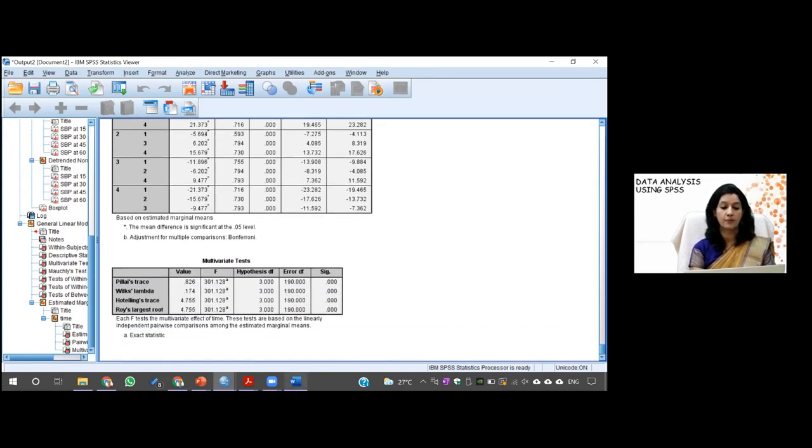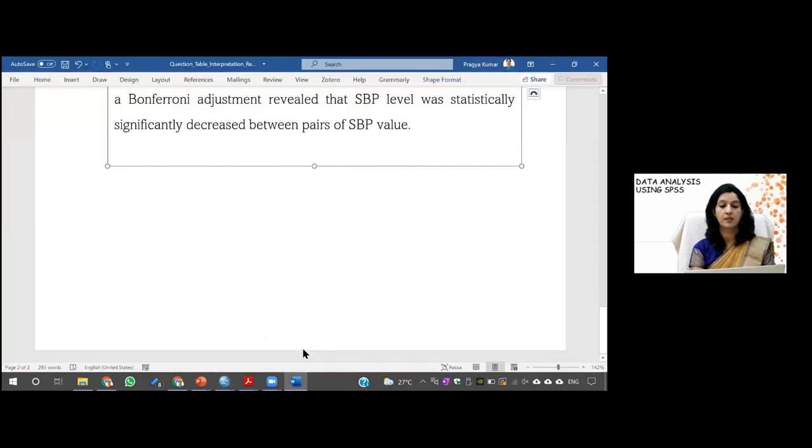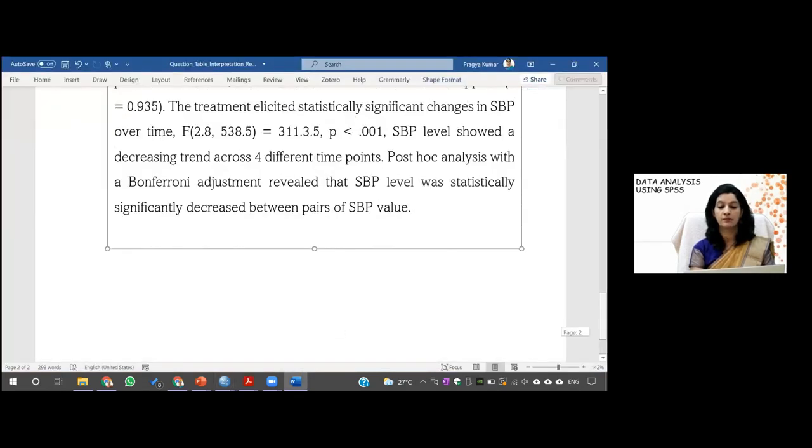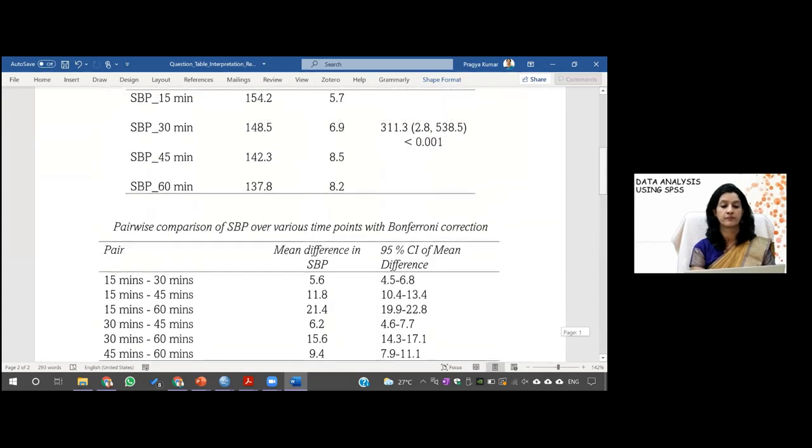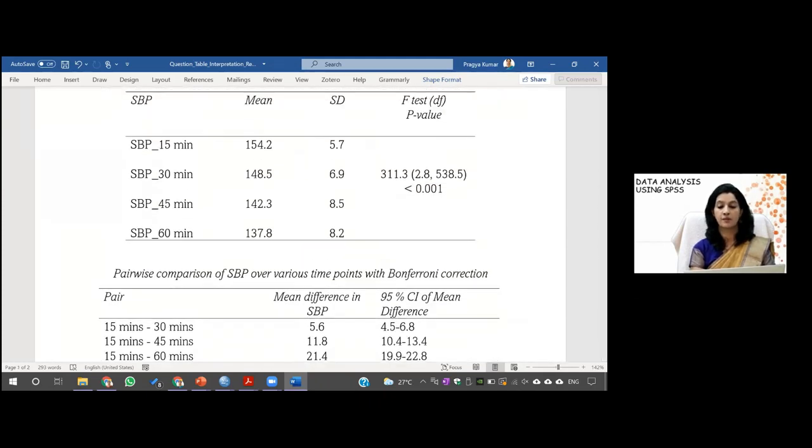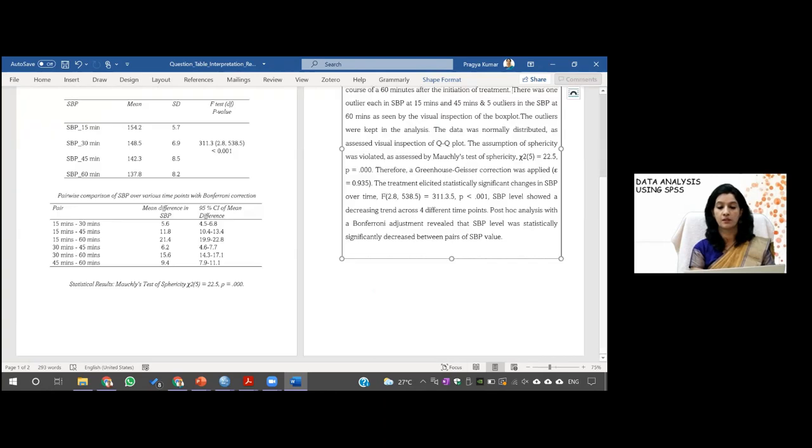So if I come to the result and interpretation, this was the question. I'll reduce this so that you can see it.